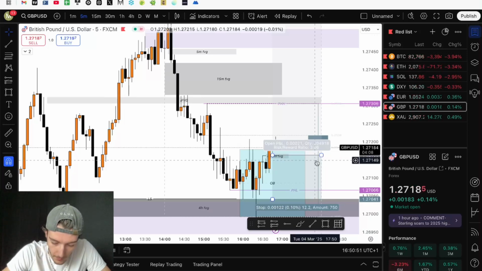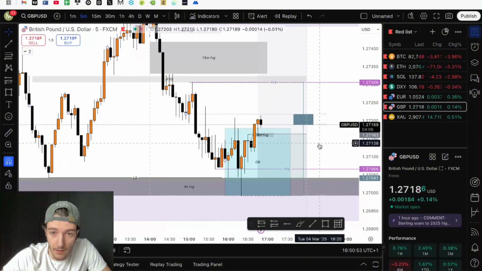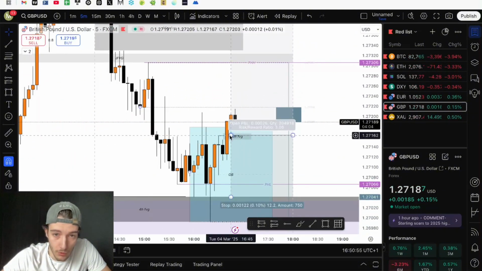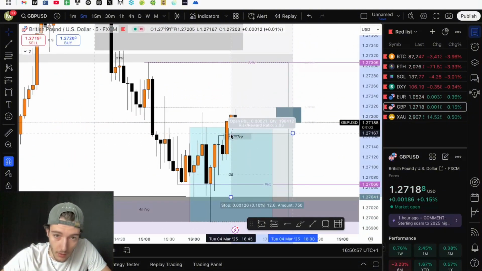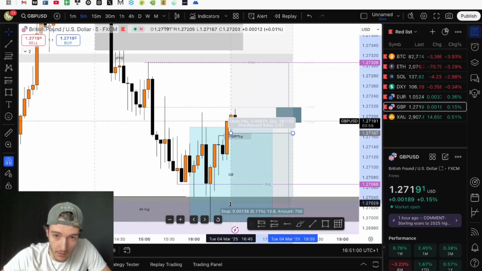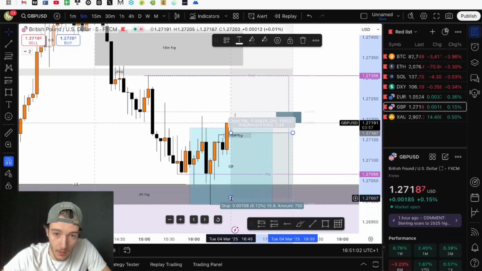Nice. I placed the buy limit at exactly this 5-minute fair gap top. So yes, I put my stop loss under this low.